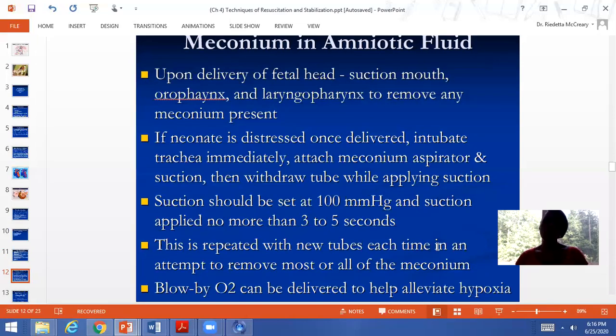And if they say, oh, 42 weeks, then you want to know, is the amniotic fluid clear? If it is not clear, then your thoughts regarding this being a post-term baby and possibly having meconium would be true.